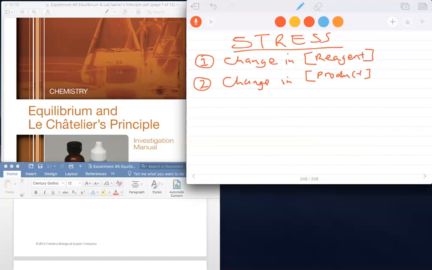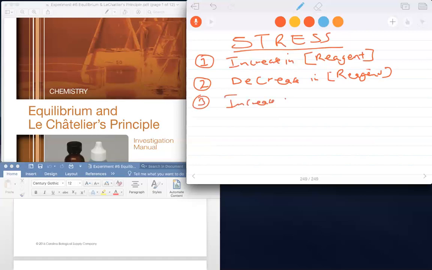When I say change, I should have broken it down into specific changes. Maybe an increase in reagent concentration, and then a decrease in reagent concentration. Three here, an increase in product concentration.